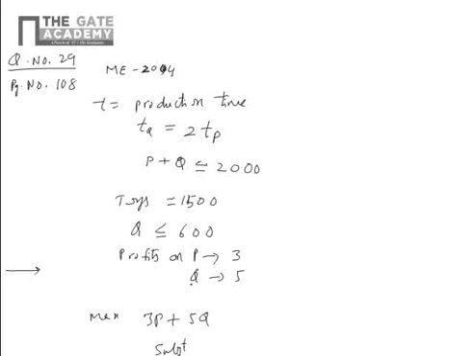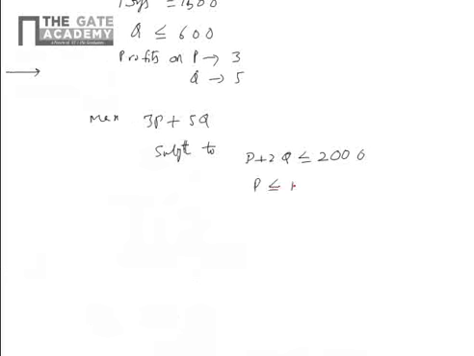subject to constraints. Whatever he has given, the time constraint: subject to p plus 2q less than or equal to 2000, p is less than or equal to 1500, q is less than or equal to 600.